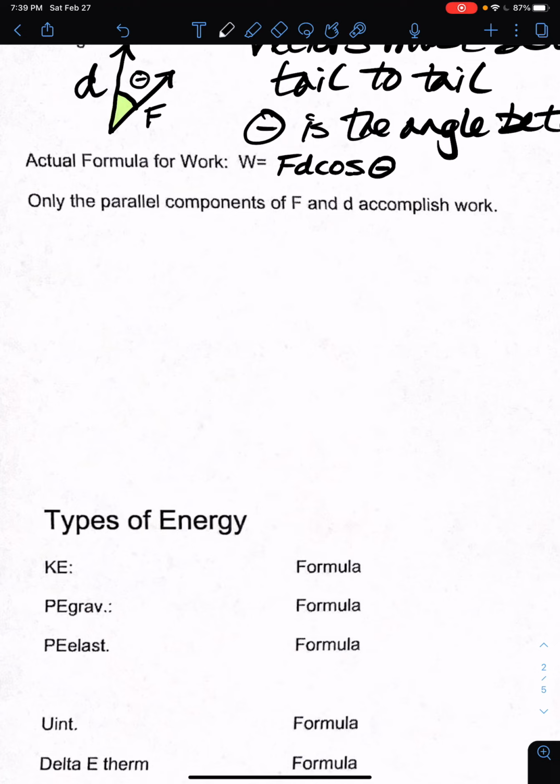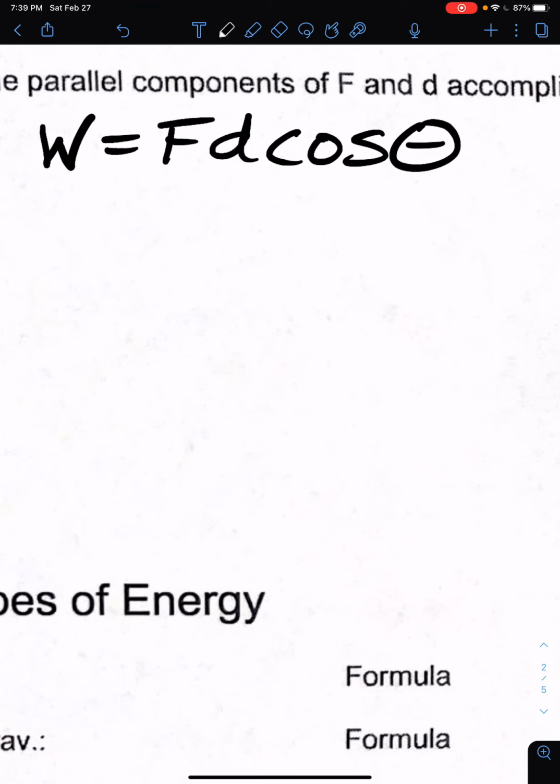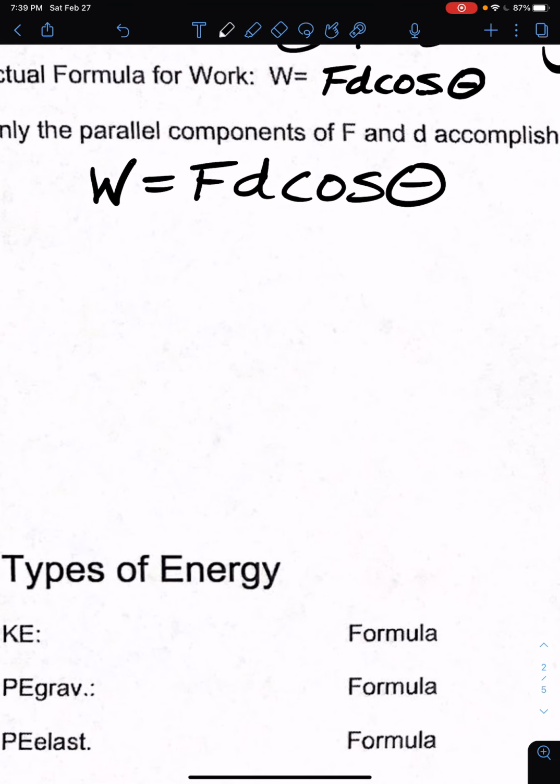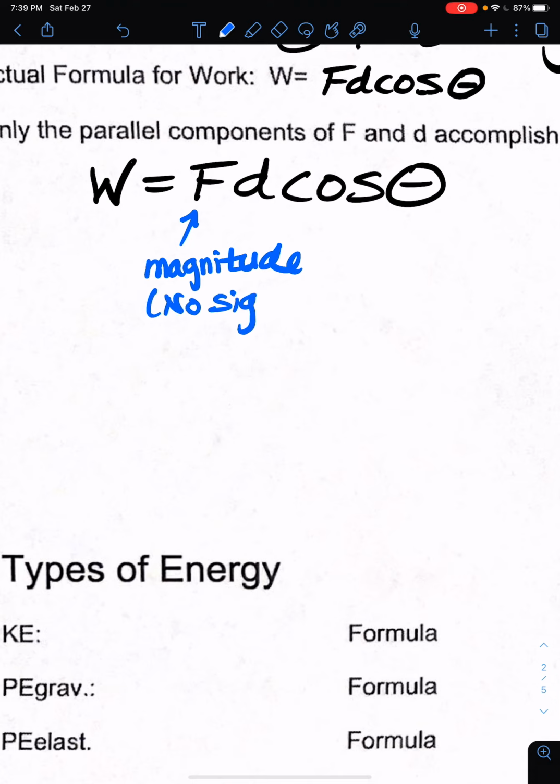When you use this formula, I'm going to write it one more time. It's that important. I got rid of the vector hats for one. And I want to point some things out here. That we're interested in the magnitude, which means just the amount, no sign, right? Of these two things, of F and D.